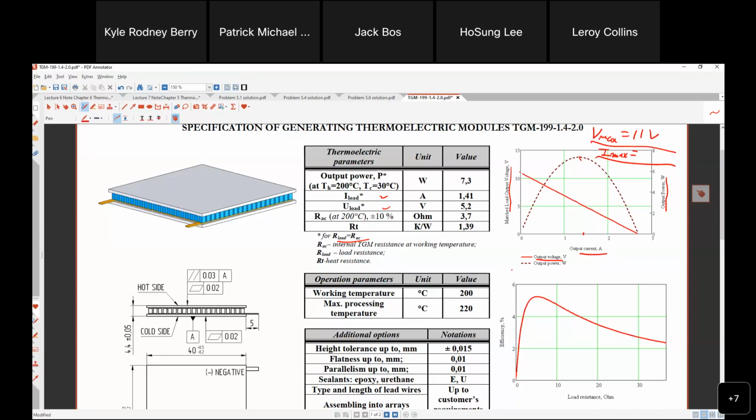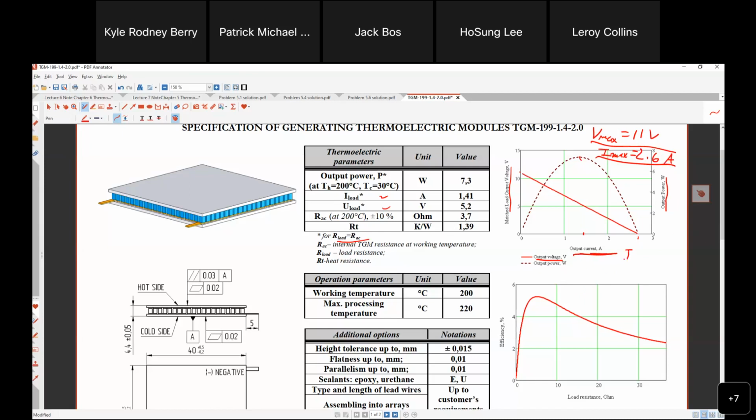The current is here. What is the maximum current in this plot? 2.6. Yeah, 2.6 or 7.